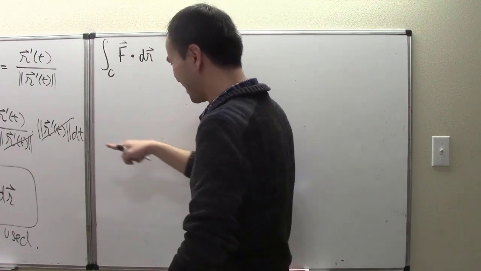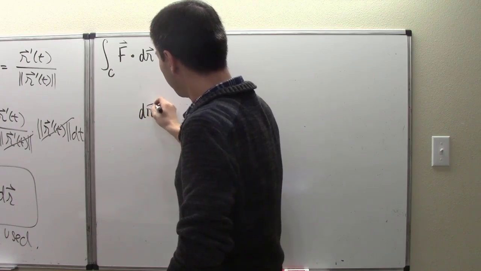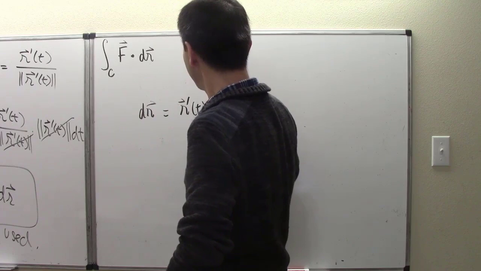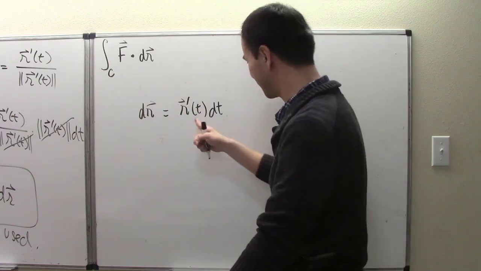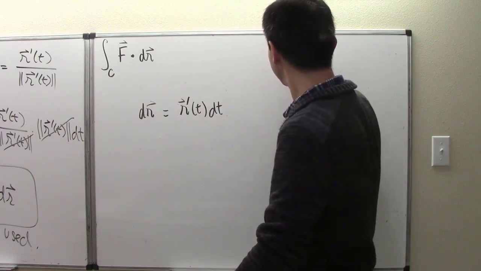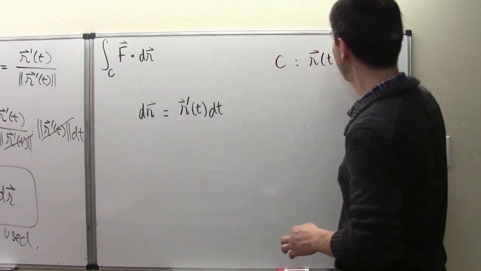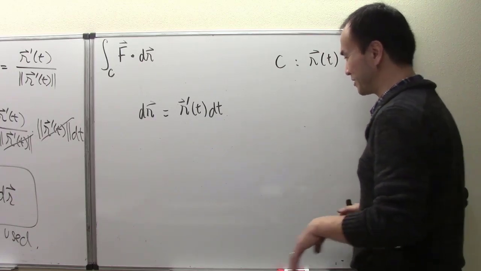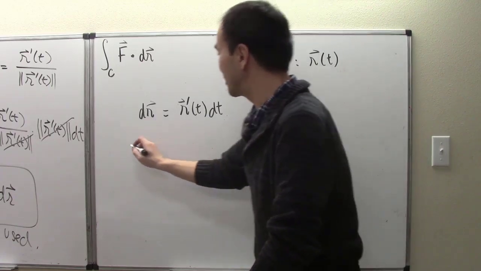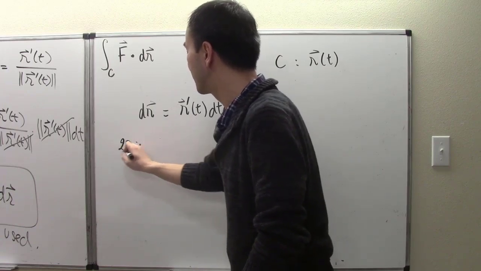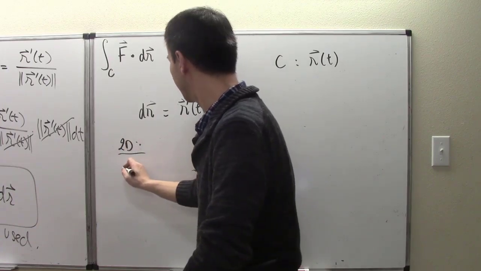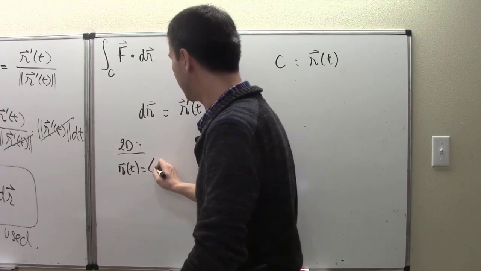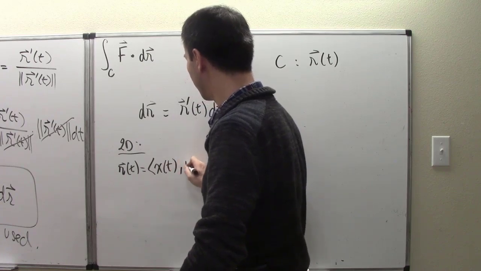Again, in that same argument, dr is r prime of t dt. And remind yourself that the curve C is given as r of t. Now I have to tear it down into 2D and 3D versions. So for the 2D version, r of t is simply x of t and y of t.